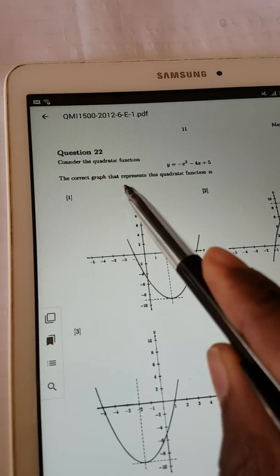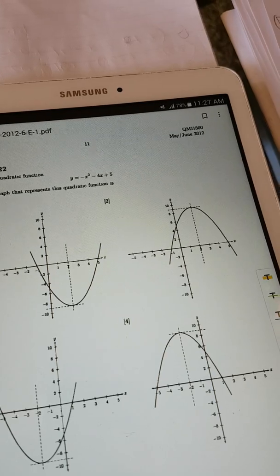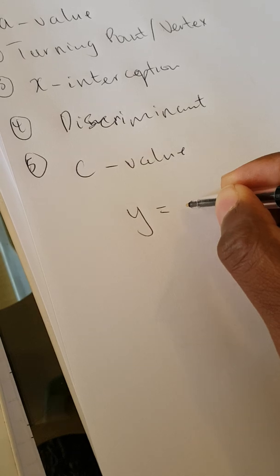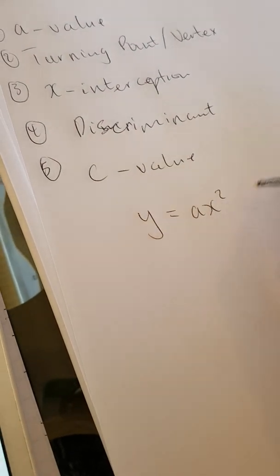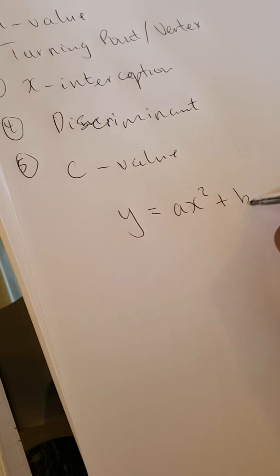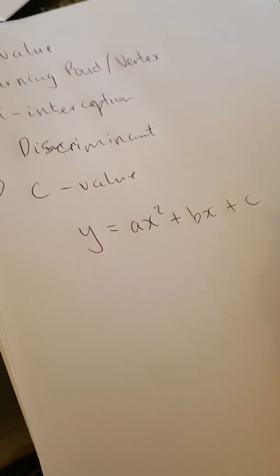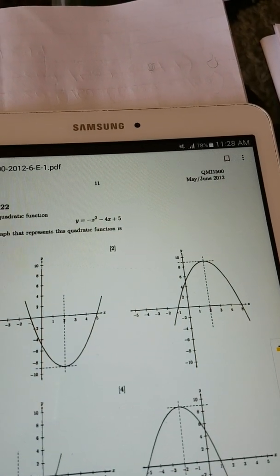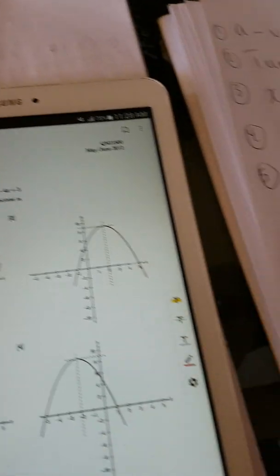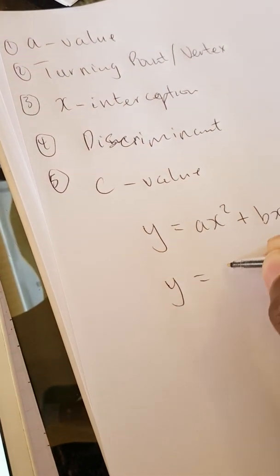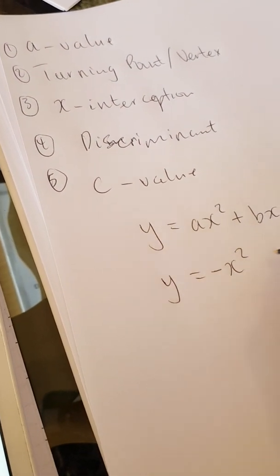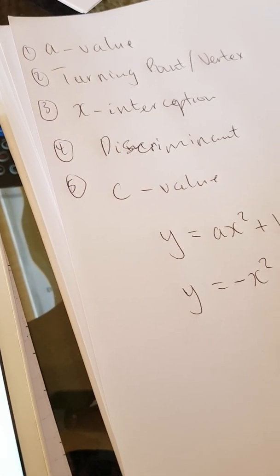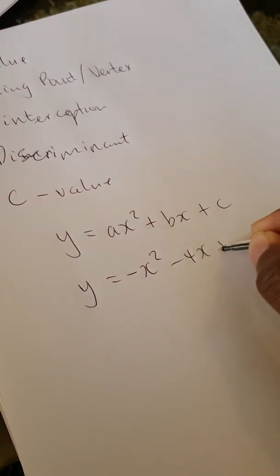They've given us the quadratic function. The formula for quadratic function is y equals ax squared plus bx plus c. In our situation, they've given us the quadratic function y equals minus x squared minus 4x plus 5.